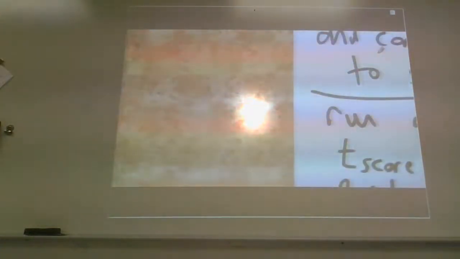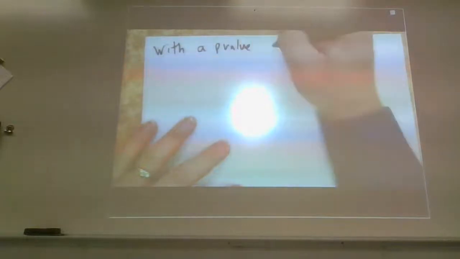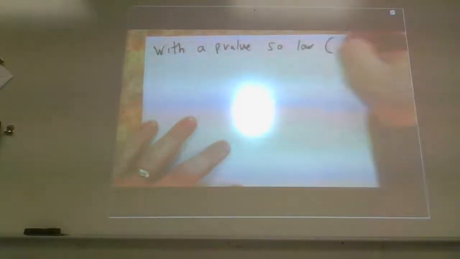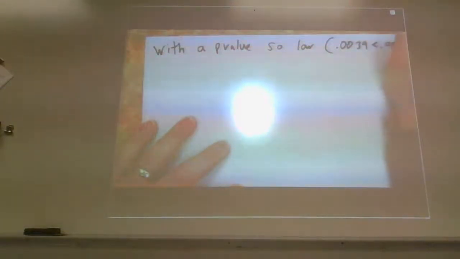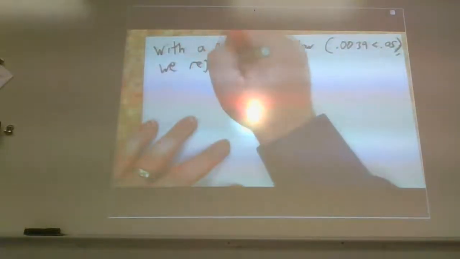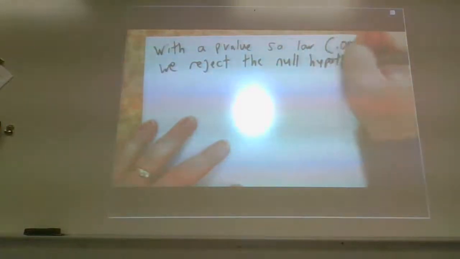So, zooming out, zooming out, zooming out. There we go. With a p-value so low, (0.0039 less than 0.05), we reject the null hypothesis.